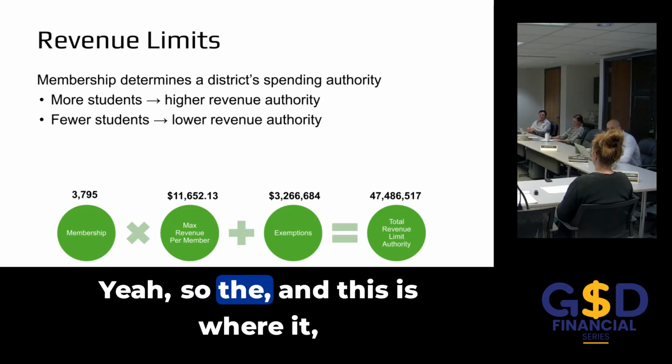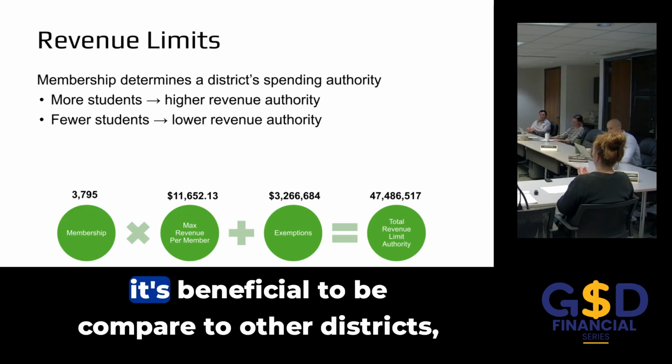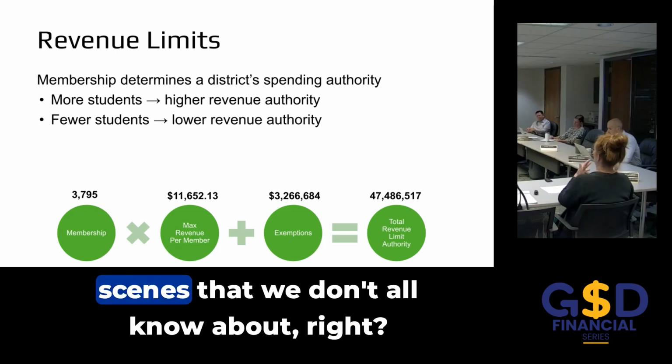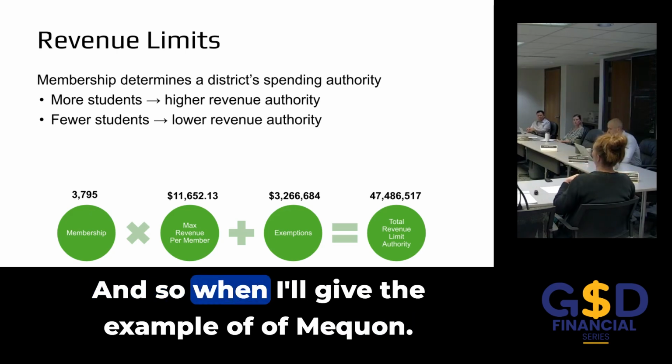Yeah, and this is where it's beneficial to be able to compare to other districts, but it also gets really hard to compare, because there is so much going on behind the scenes that we don't all know about. I'll give the example of MEC1.